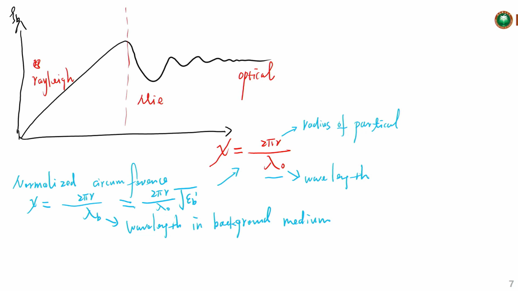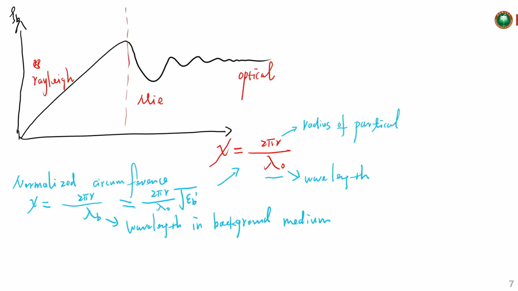If, for example, we have some other calculations on the volume scattering, such as the particles in a uniform medium, such as in the ground or in soil, there may be solid particles inside of it. The background is the soil, so the epsilon b prime cannot equal 1. It has its own values.